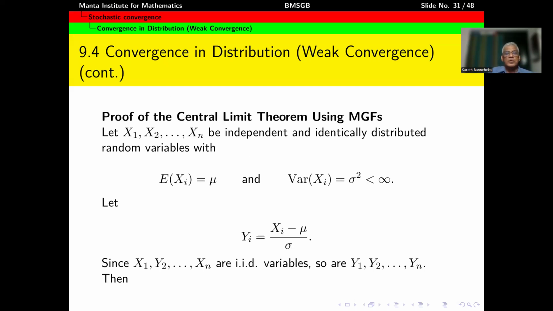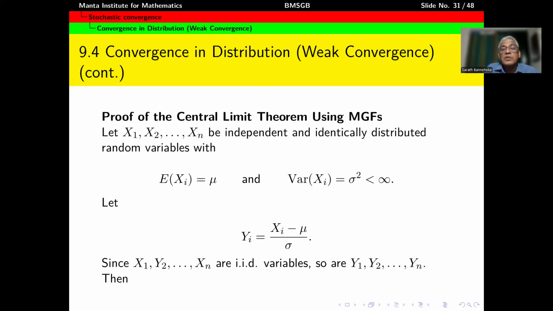Right. So for the proof, we are considering a sequence of x's, x1, x2, x3, and so on, to consider x bar n. So let x1 up to xn be independent and identically distributed random variables. Right. So they are independent of each other.